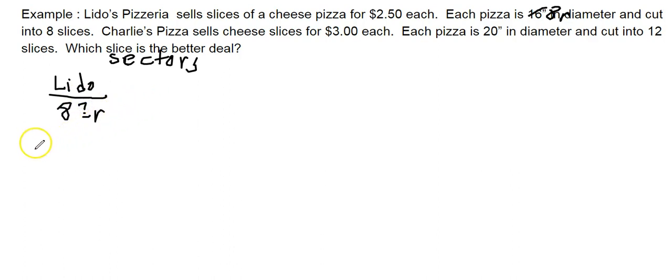R is going to equal 8. So that's going to be pi times r squared. But now I need my fraction. Well, it says right here it's cut into 8 slices. I'm interested in one of those, so that's going to be 1 over 8. That's the fraction.